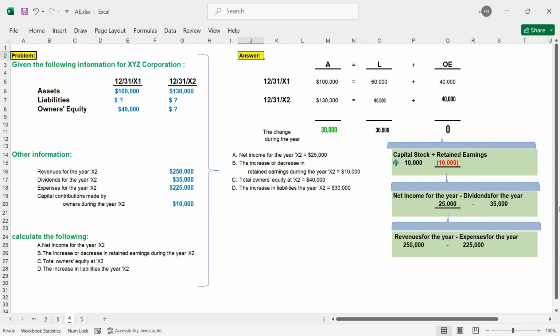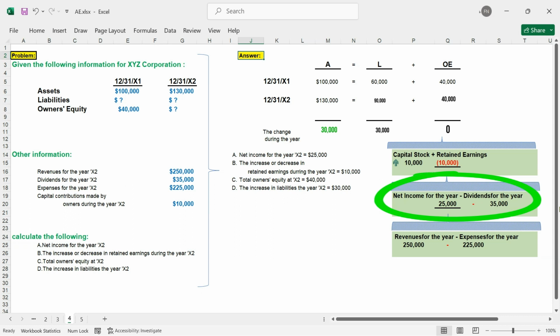Final summary: if we just stand back for a second, we can really talk more about this business, noting that this business has grown over the last year. That growth in assets has been financed completely by debt or borrowing, an increased borrowing of $30,000. Apparently, owners have provided capital to the business, but they actually reduced the total amount of owner's equity by taking out substantially more dividends than they had earnings in the current year.